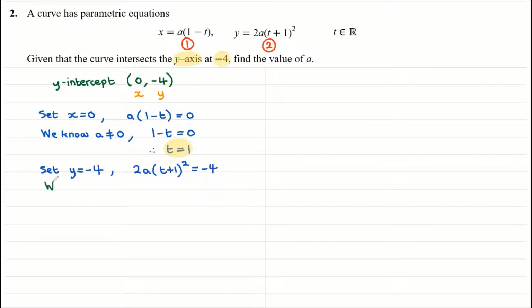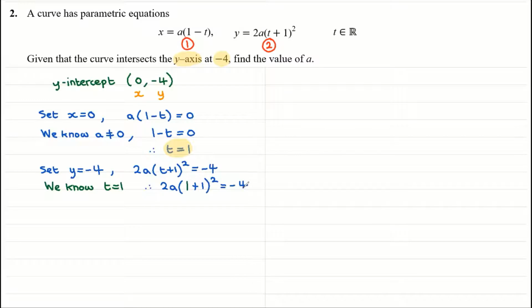So therefore 2a multiplied by what would be 1 for t plus 1 all squared must equal -4.